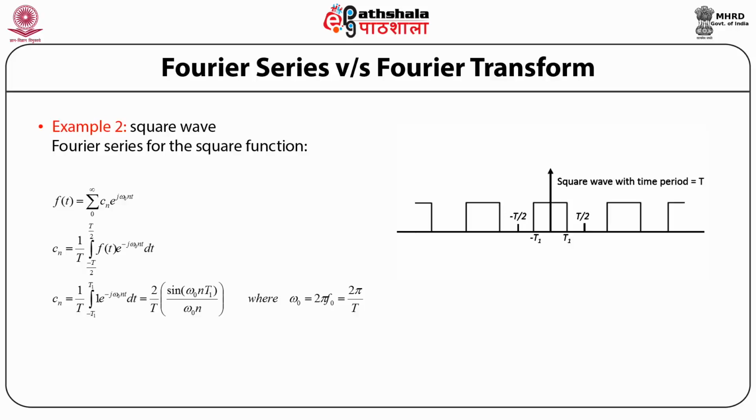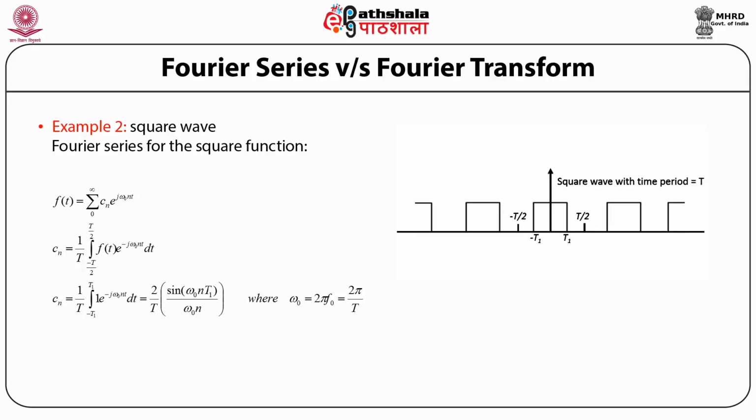Then when you solve it, because the value of f of t is just going to be 1, you will get Cn equal to 2 by T sine omega naught n t1 divided by omega naught n, where omega naught is equal to 2 pi f naught or 2 pi by T.